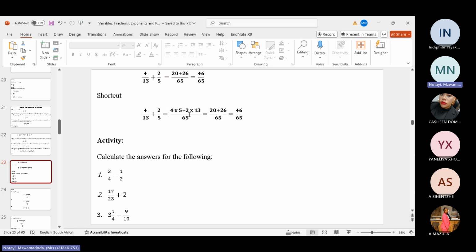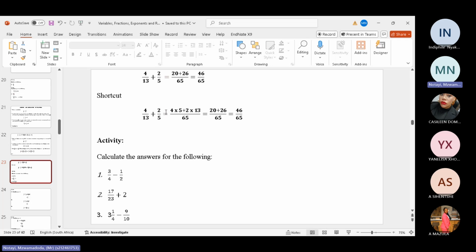So the shortcut would be 4 times 5 plus 2 times 13. You take the product of the two denominators, which is 65, and then you can cross multiply. That means the 4 is going to be multiplied by the denominator of the second fraction, so 4 multiplied by 5, and then the 13 is going to multiply the numerator of the second fraction as well.